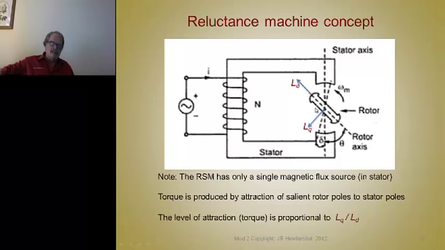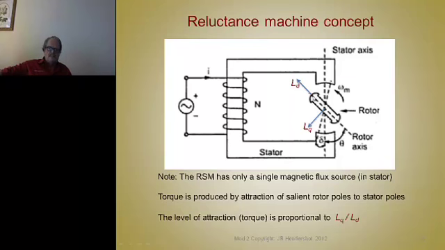If we position this rotor part on the shaft vertical like that, so that this is sitting in there and this is sitting in there, we have a minimum air gap in the circuit. We only have a tiny little air gap there and a tiny little air gap there. So if we measure the inductance of this inductor, it's going to be quite high, because there's very little air in the circuit.